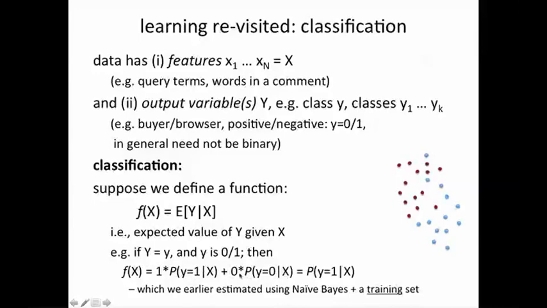Since you multiply by 0, this term disappears, and we simply get the probability that y equal to 1 given x. And this is exactly what we had earlier estimated using various assumptions like independence and the Bayes rule.